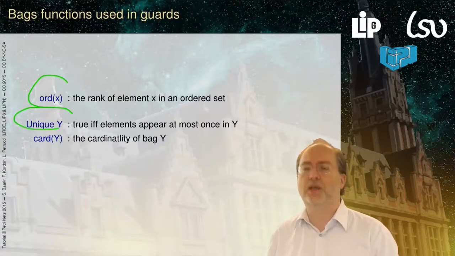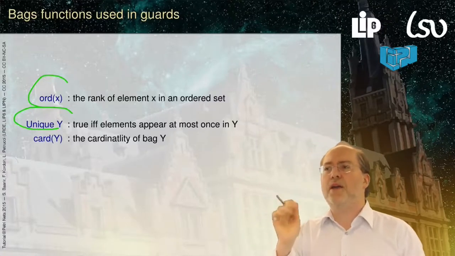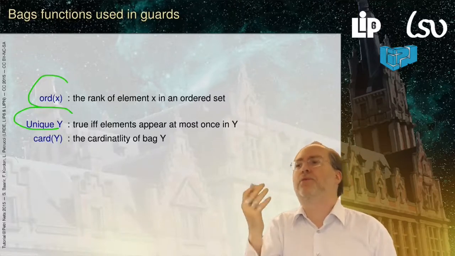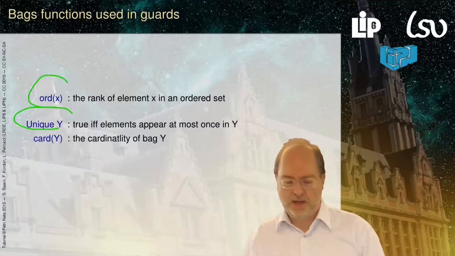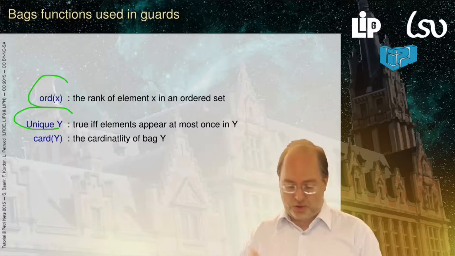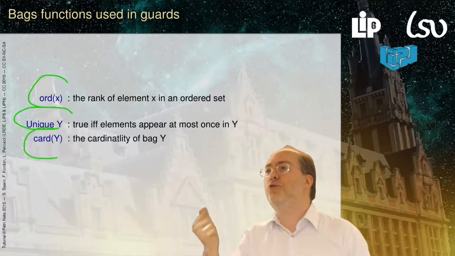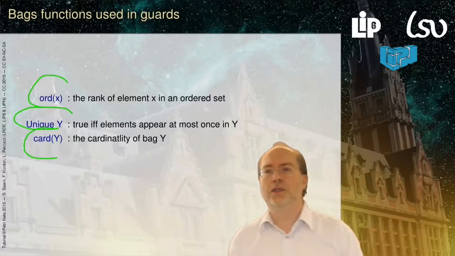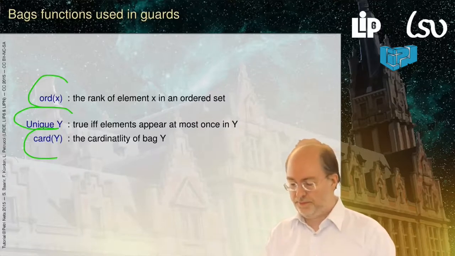You have unique, which will ensure that within Y you will have only one value. In fact, Y will be a set and not a multi-set. You will ensure that every value will be represented at most once, and you have the cardinality that allows you to get the number of elements that are in the token embedding a bag.